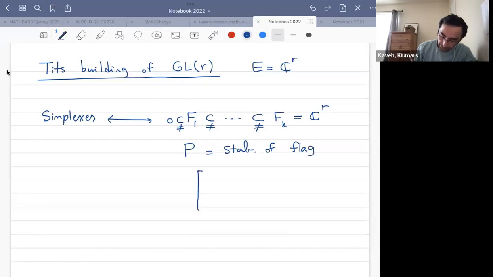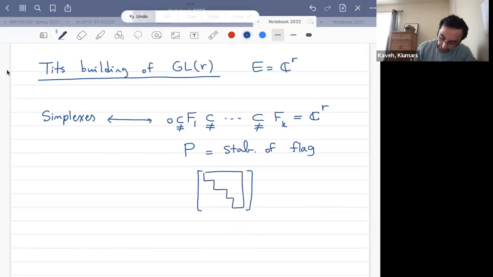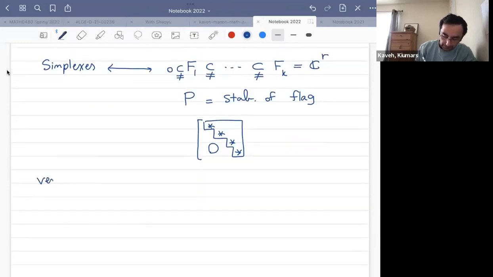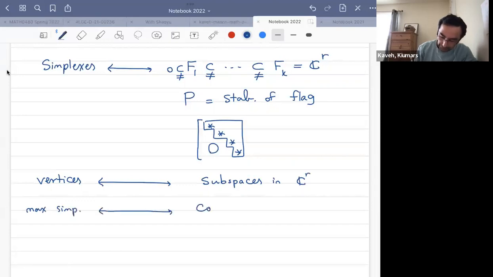In other words, in some basis, a block upper triangular matrix. And a vertex, which is a minimal simplex, corresponds to, in fact, just a subspace, or a flag with one subspace in the middle. Maximal simplices correspond to complete flags.